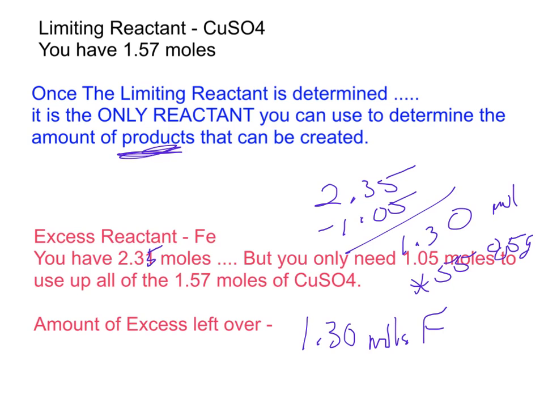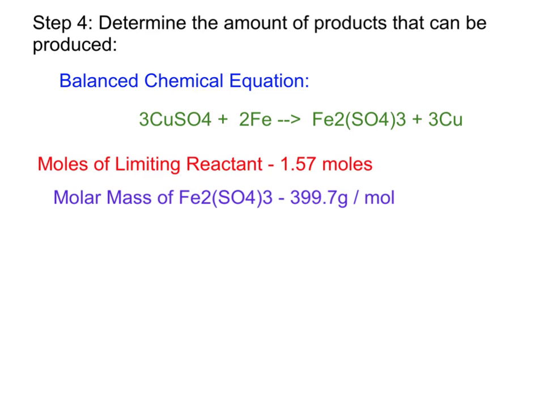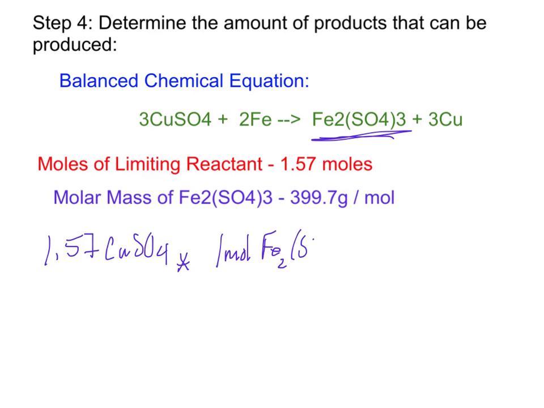If they ask me how much product I can make, I can only use what I have up here, because that's my limiting reactant. So we look again at our balanced chemical equation. We take our 1.57 moles of copper sulfate, and now we're trying to figure out this: 1 mole of my iron 3 sulfate to 3 moles of my copper 2 sulfate.